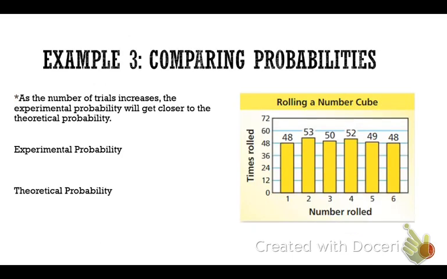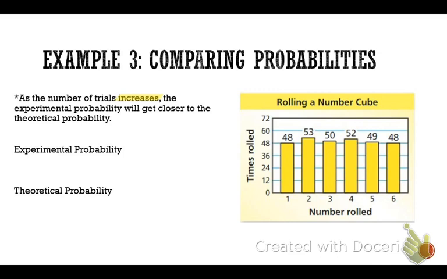All right. So now let's compare the two types of probabilities. I hinted on this at the beginning of the lesson. And basically, what this example is trying to show us is as the number of trials increases, that the experimental, remember, I really have no control over the results of my experiments, right?